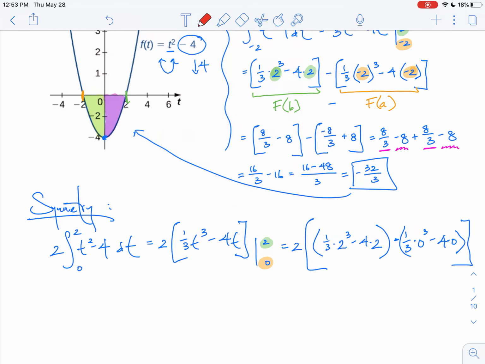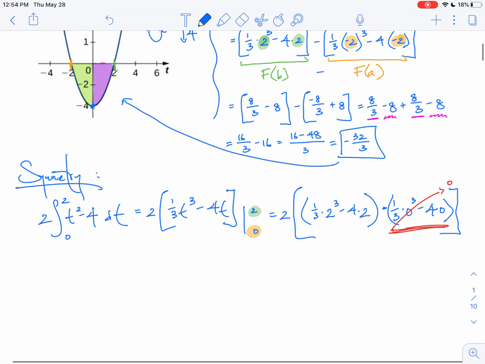So one really nice thing about using the symmetry, this whole second term goes to 0. Okay, my whole f of a goes to 0, so then I don't need to worry about my signs like I did in my first method. So let's see what we have left.